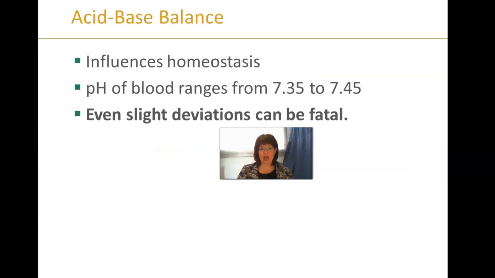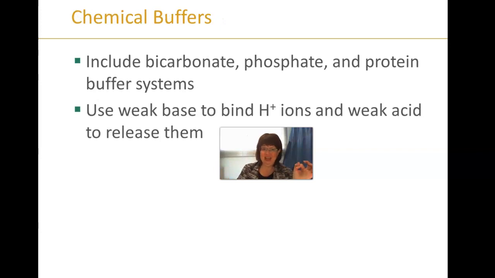Now, when we talk about acid-base balance, it is very important in the blood that the blood stay between 7.35 and 7.45. Any slight variation of becoming acid, which is acidosis, or basic, which is alkalosis, can be fatal.